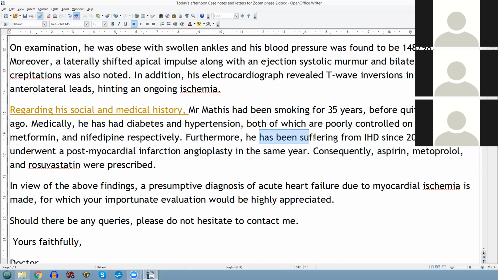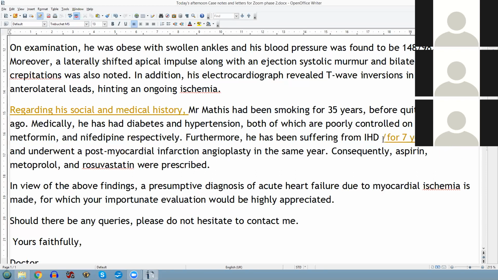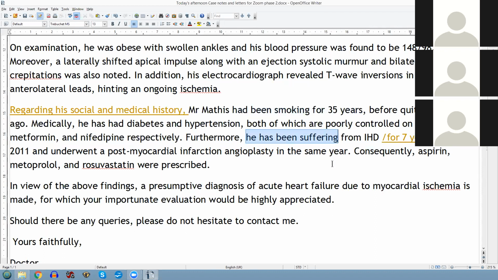So we've got present perfect continuous to indicate how long the past action. So since 2011. Or you could use, if you don't want to use since as an adverb, you can make it for and say for 7 years, whatever the period is. So you could either say for 7 years or since. Okay, so that's good. So we've got past perfect continuous, pretty good. Present perfect continuous also.